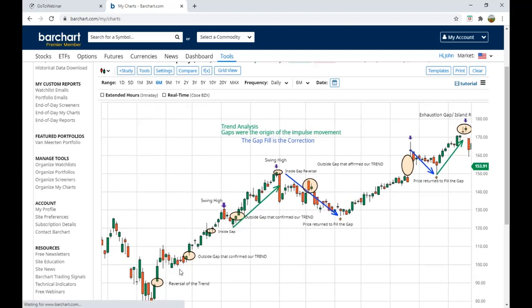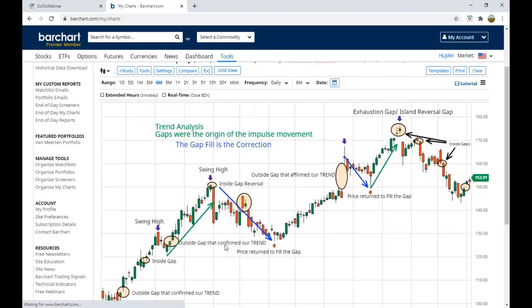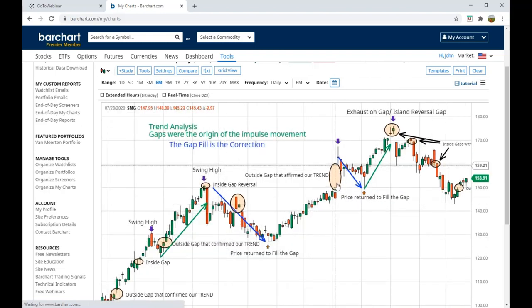Then price gapped higher, confirming our trend. And then price continued to gap higher, again affirming our trend. We'll look at the distinction between confirmation and affirmation.